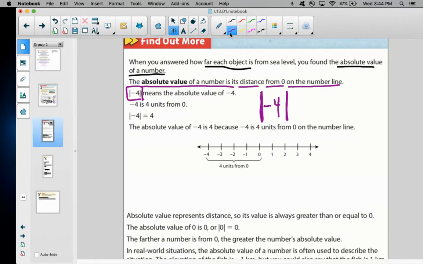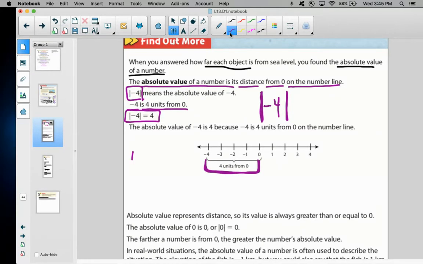So what we saw in our picture is that -4 is 4 units from 0. So we can tell that the absolute value of a number is the positive version of that number. So it is the number of units it is away from 0, and we are measuring distance.